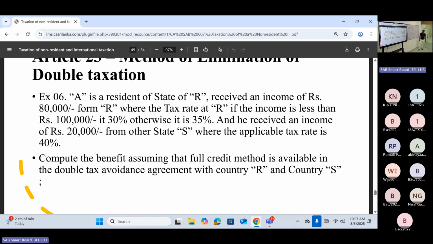If no DTA is available, it would be 42,000. Here the total tax liability is 35,000.